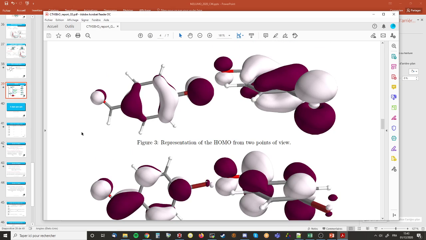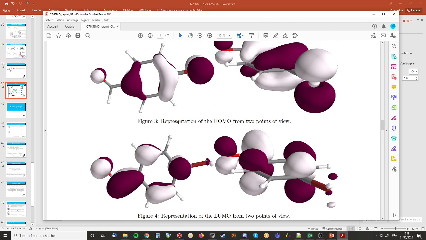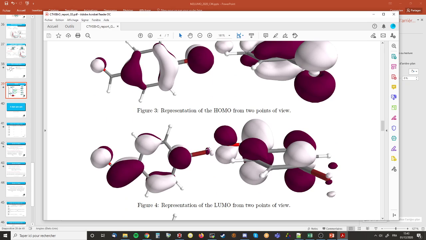So I have the HOMO. The HOMO is in the pi region of the benzene, and quite a lot in the bromine, and there is almost nothing in the carbonyl. And when I look at the LUMO, there is nothing anymore in the bromine.